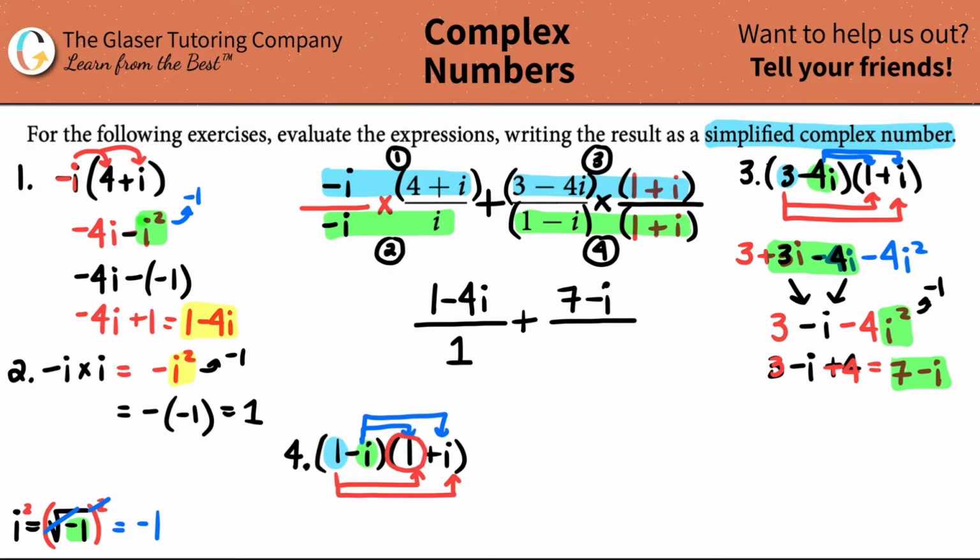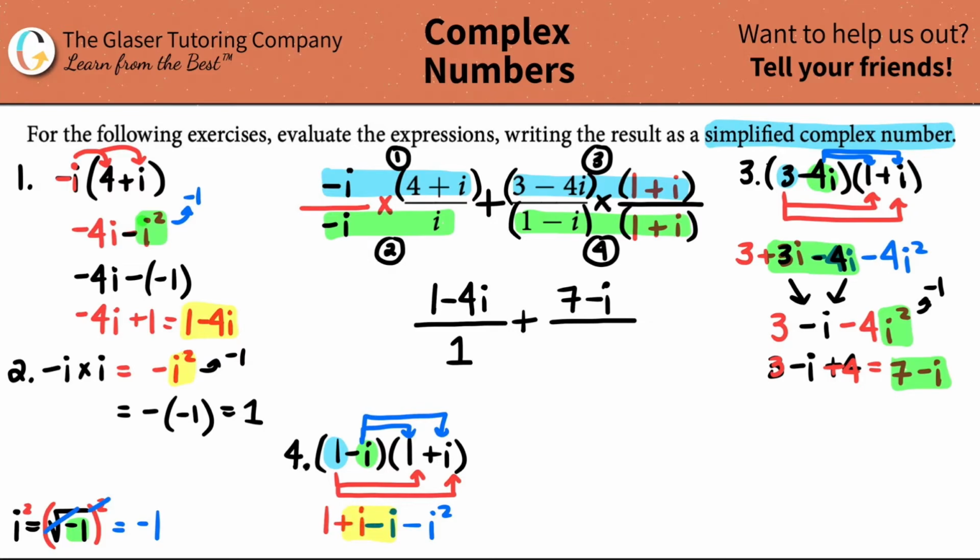1 times 1 is 1. 1 times i is just a positive i. Negative i times 1 is a negative i. And then negative i times a positive i is a negative i squared. Clean it up in the middle. Plus i minus i. 1 minus 1 is a 0.